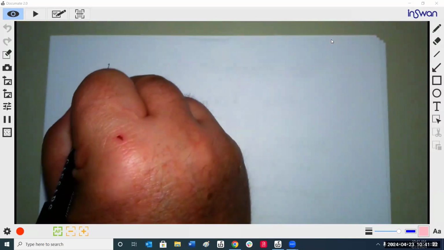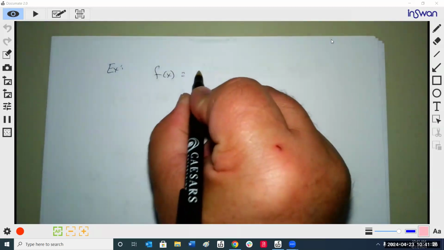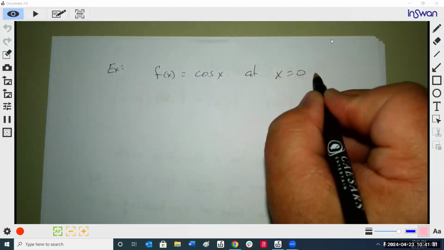For example, f of x equals cosine x at x equals 0.